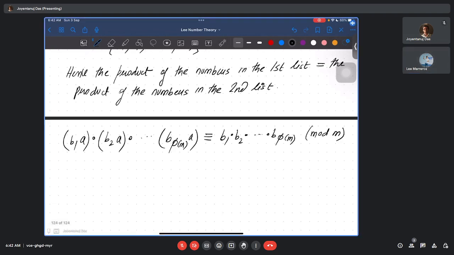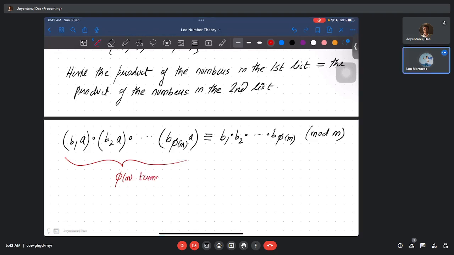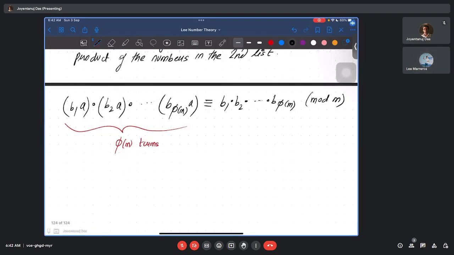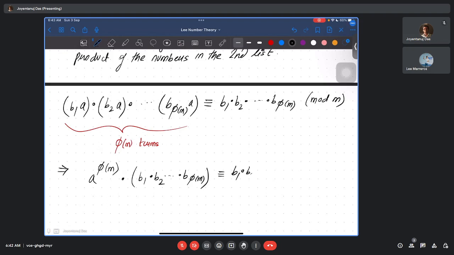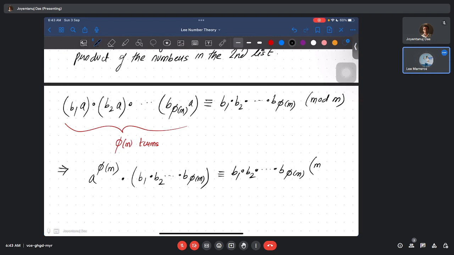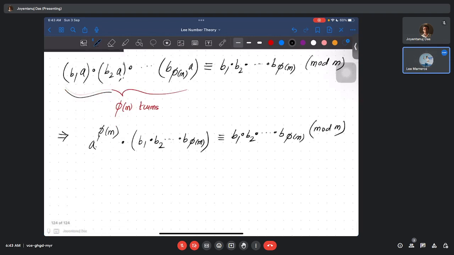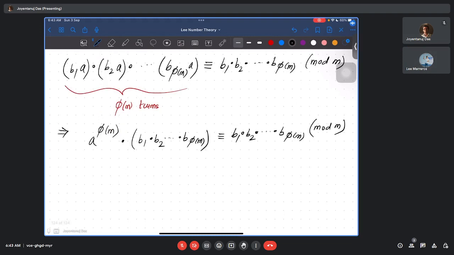So how many terms are here? There are phi(m) terms, so the power of a will be phi(m). If we take out the power of a from each term, we get a to the phi(m) times b1, b2 up to b phi(m), which is congruent to b1, b2 up to b phi(m).